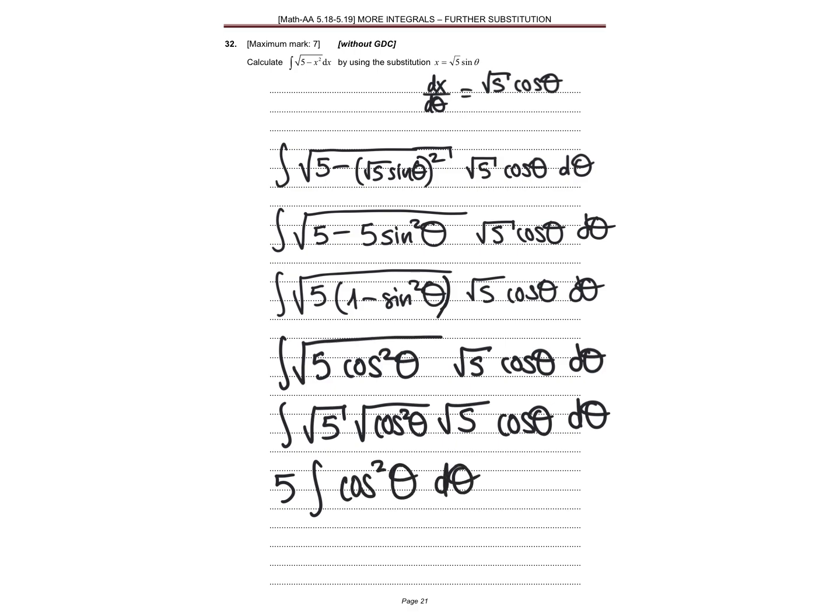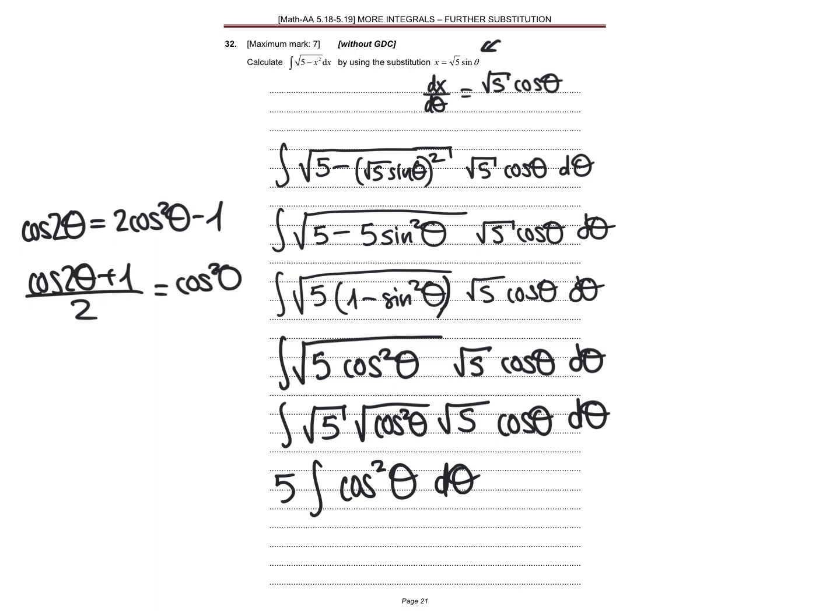And then we need to get that cosine squared away. So we can use, I'm just kind of looking ahead with this, that cosine 2 theta is 2 cosine squared theta minus 1. So cosine 2 theta plus 1 over 2 is cosine squared theta.